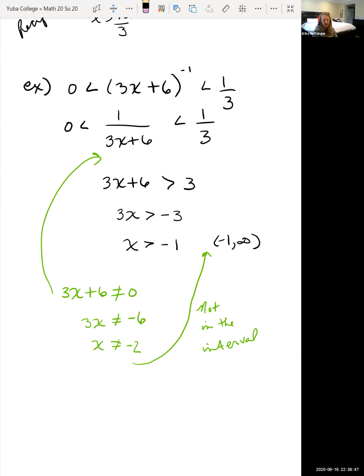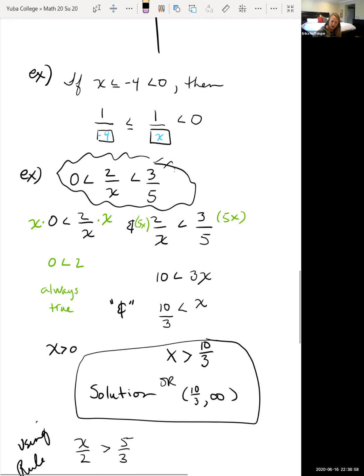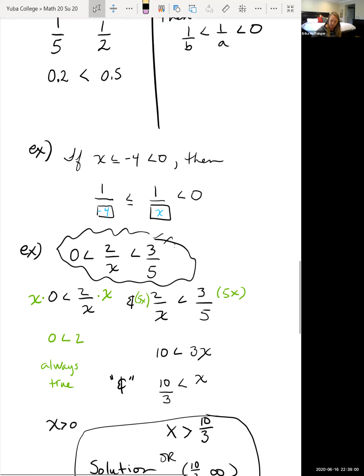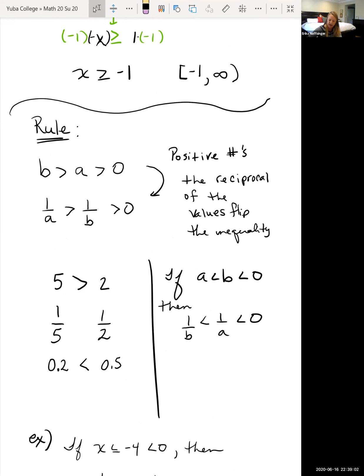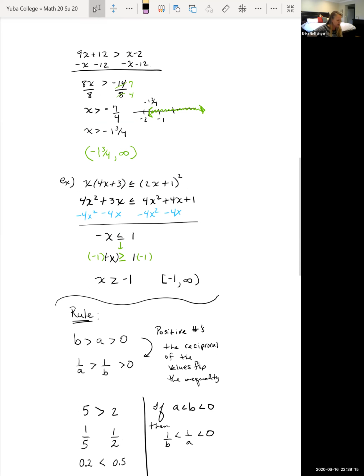So the rule had to be that the expression we were working with had to be either strictly greater than 0 or less than 0. I think they have that stipulation in there so that we can use those reciprocal rules.